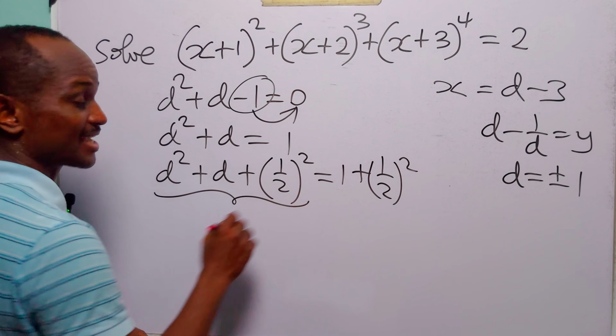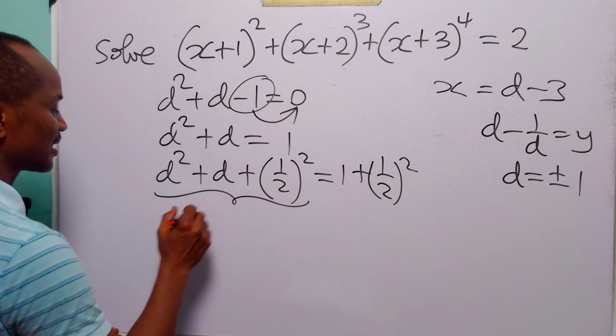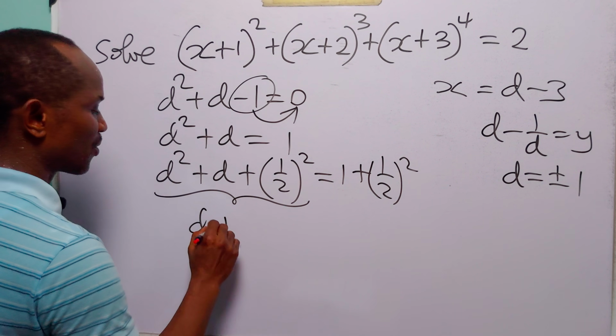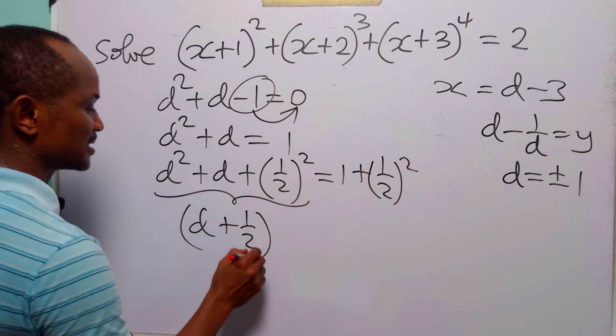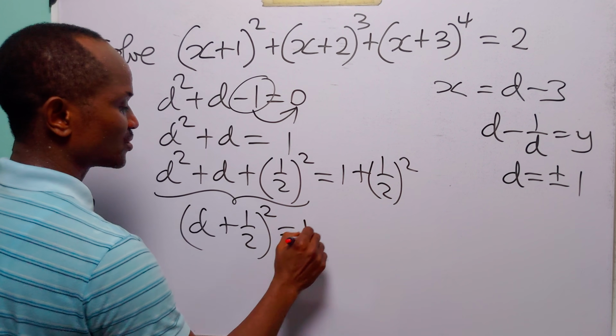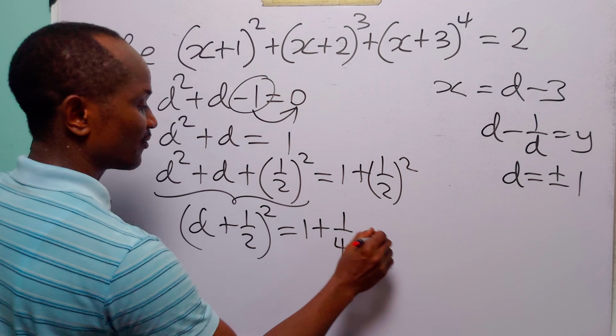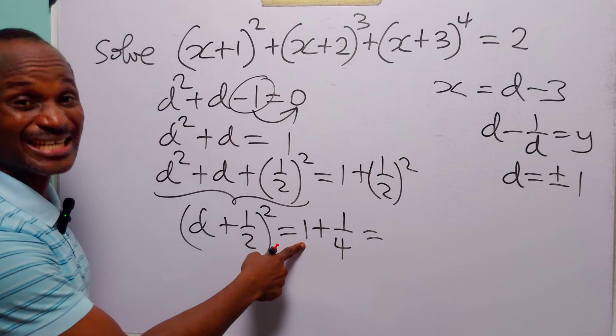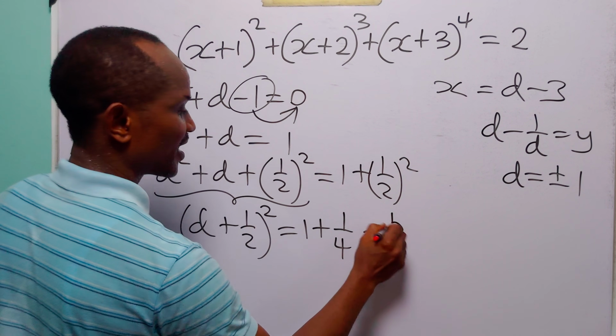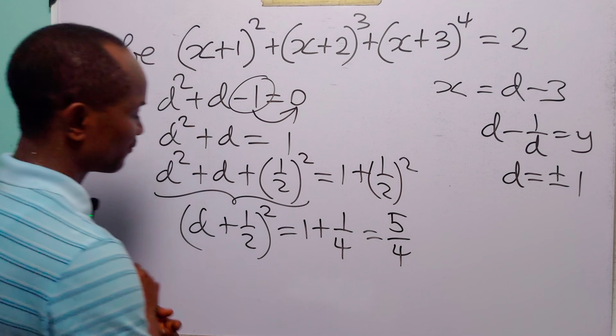Now, on the left-hand side, we have a perfect square. So we take 1d and we take 1 half and we square. And this is equal to 1 plus half squared is 1 over 4. 4 times 1 is 4 plus 1, 5 over 4.